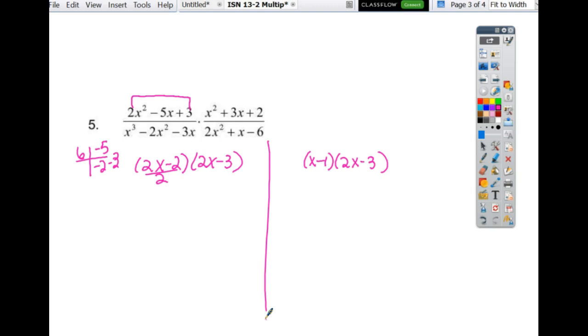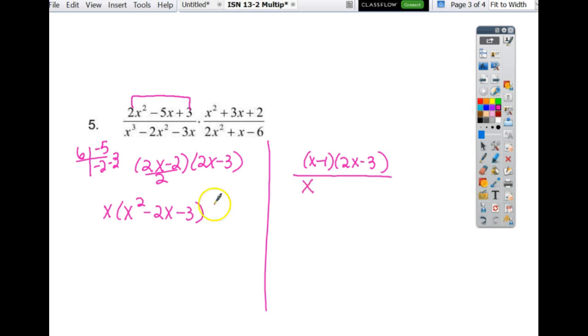So then on bottom, we can only factor if it's x squared. What does that one start with? X cubed. So if I take out an x, then I have x squared minus 2x minus 3. And can I factor that then? Yes. So I'm going to put my x here so I don't forget it.